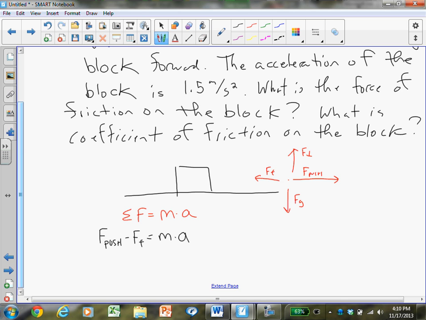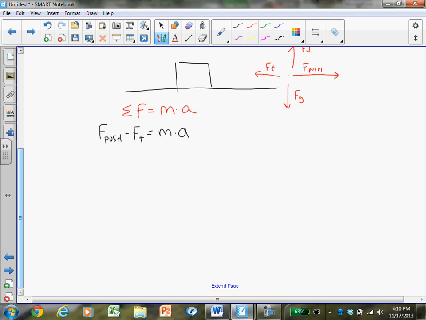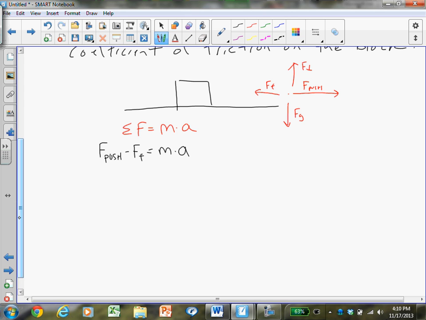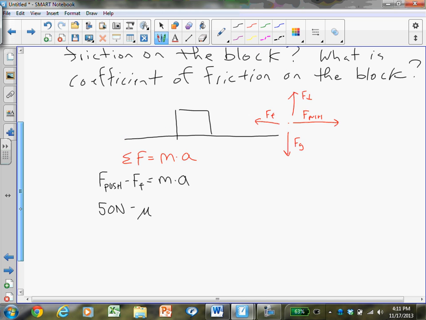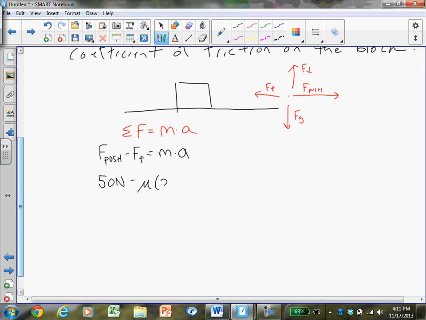Okay, so let's see what we got here. We know the push force was 50 newtons, minus the friction force, which is mu times F perpendicular, which is 200 newtons from the last problem, equals the mass times acceleration of 1.5 meters per second squared. 20 times 1.5 is 30.